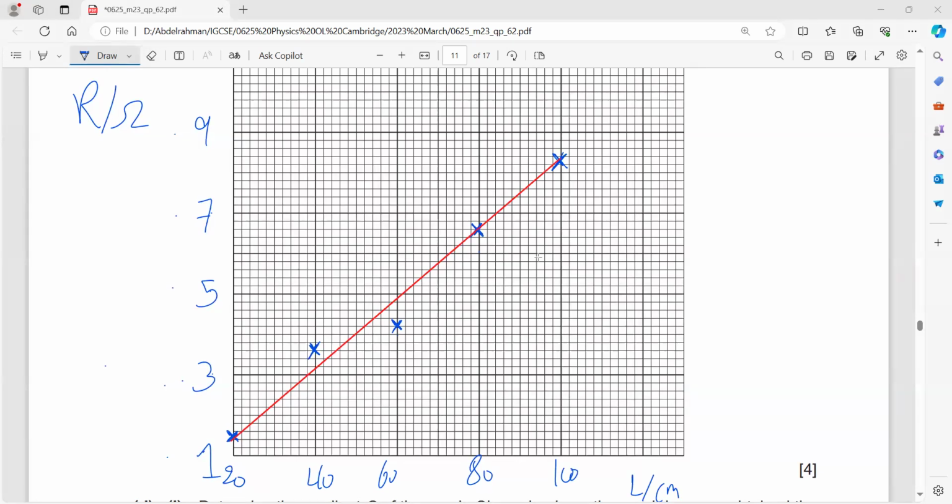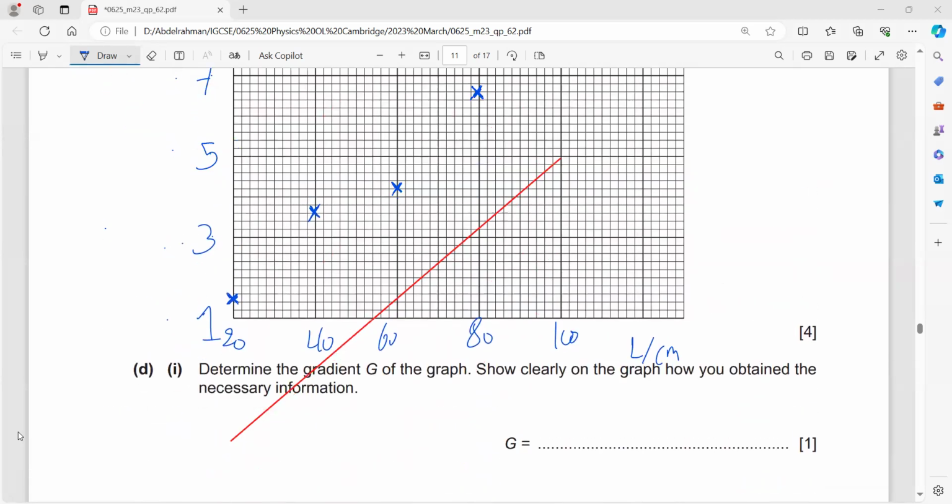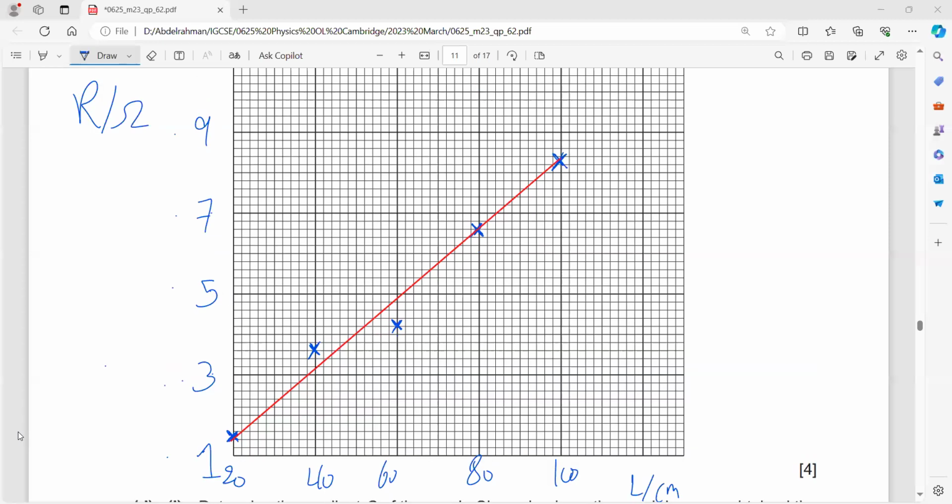And then to find the gradient, what do I do? Again, I have to use the triangle method. I'll take 2 points which are quite far away and draw a triangle, completing it with a vertical line and a horizontal line.